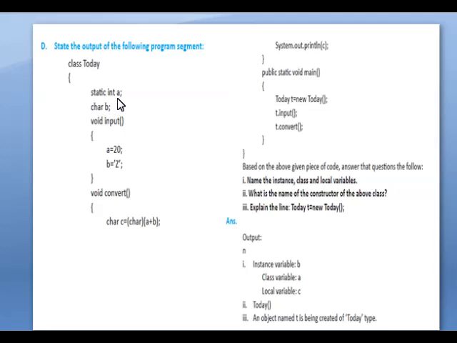So the class variable is a, and the local variable is c. Second, what is the name of the constructor of the above class? The name of the constructor is Today. Explain the line: Today t equal to new Today. An object named t is created of Today type.